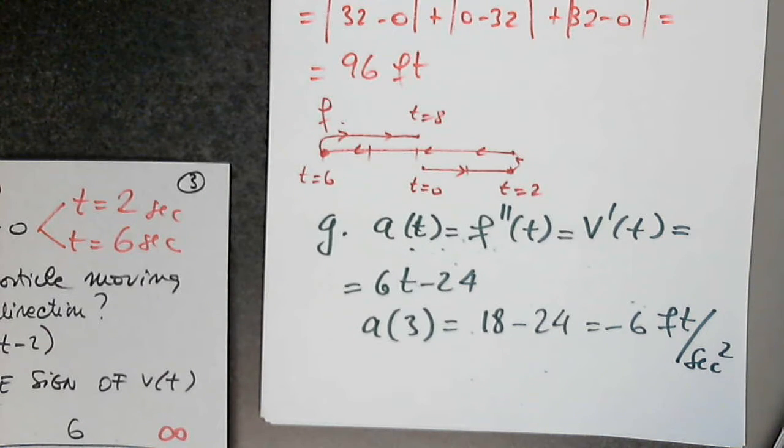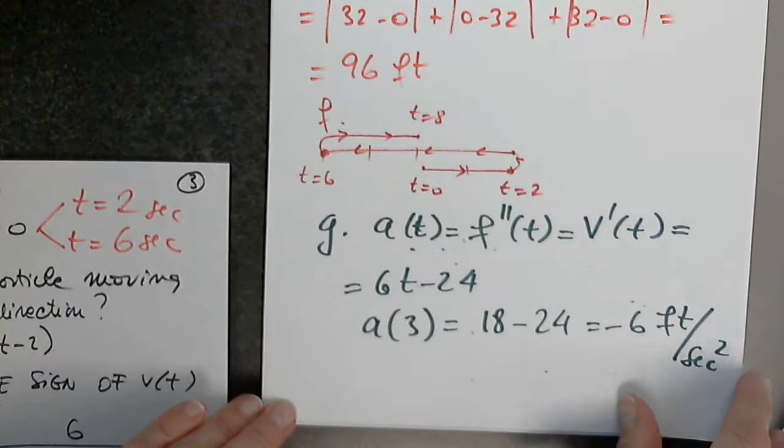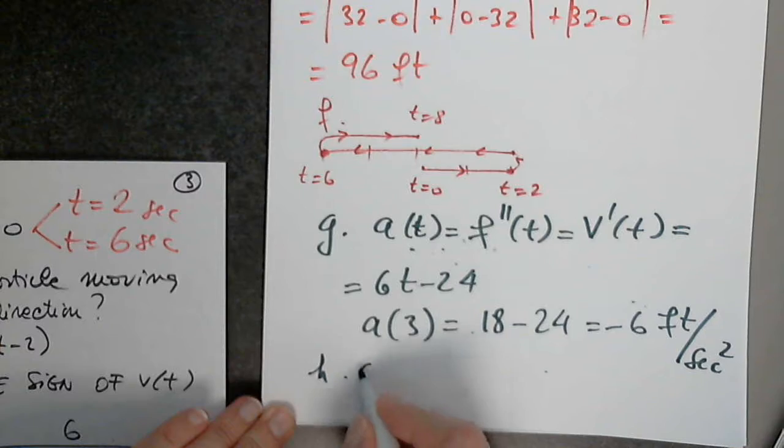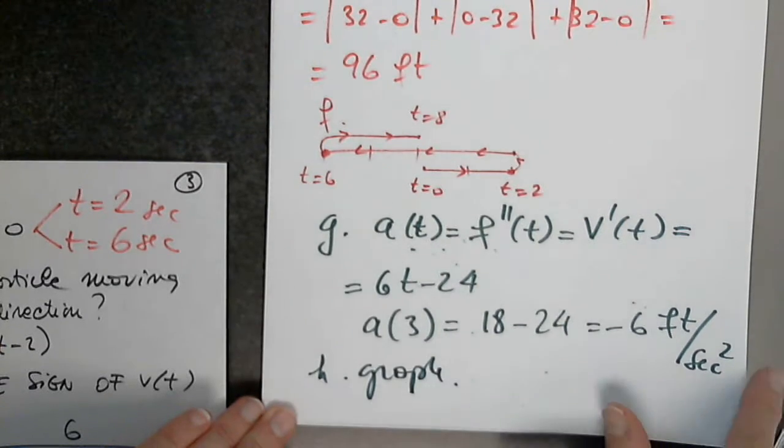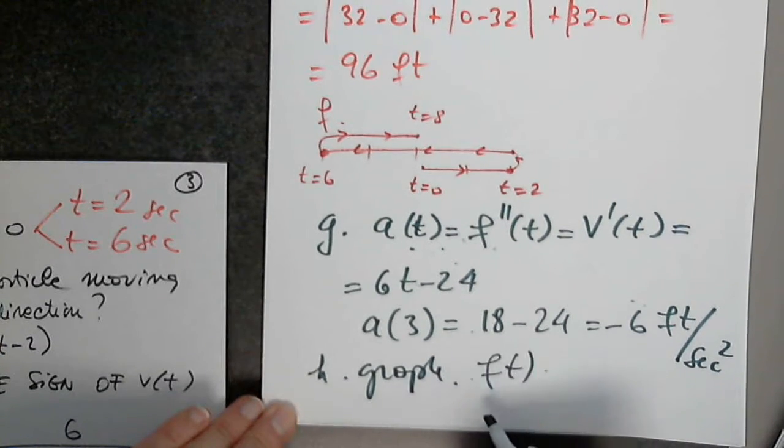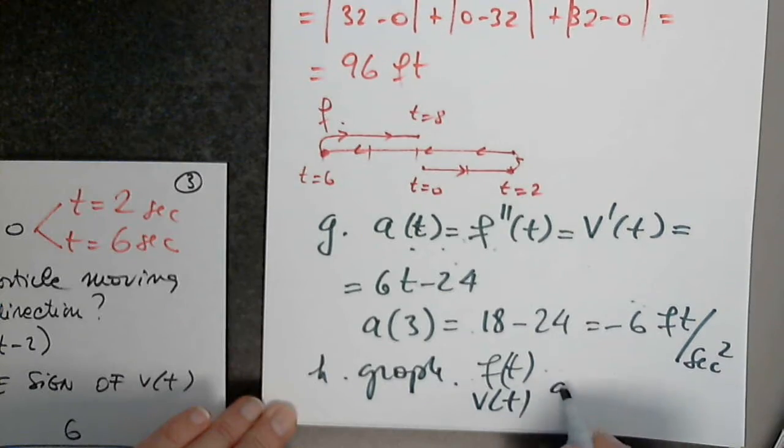Graph the position, velocity, and acceleration functions. We'll do that with the graphing calculator. There's a calculator sign next to it. When is the particle speeding up, and when is it slowing down? So I'm more interested in this part. So graph all three, f of t, v of t, and a of t.